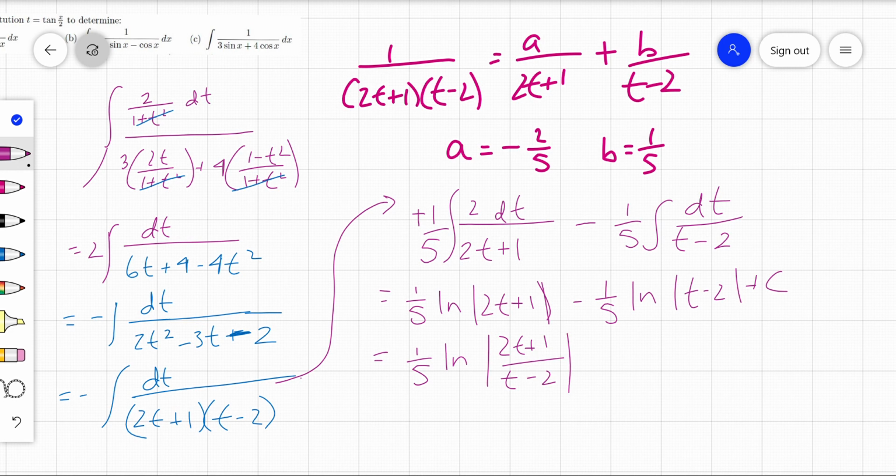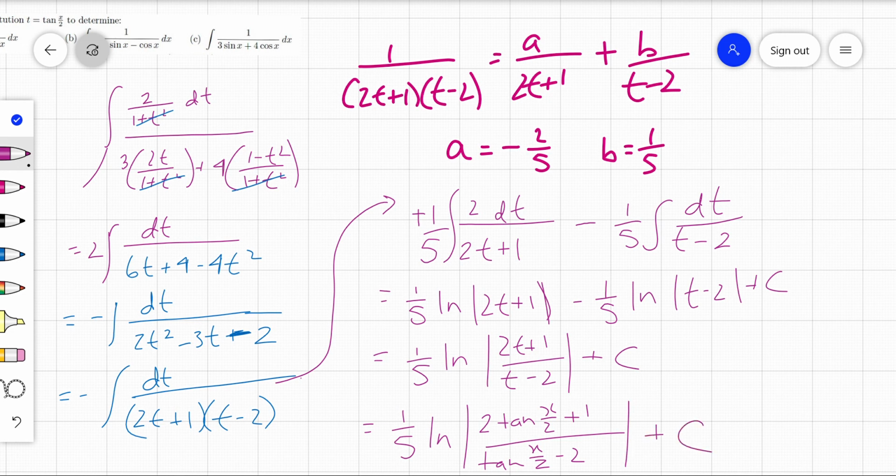It could be 2 minus t, it would be the same there. So changing back to x's, two lots of tan x on 2 plus 1, and one lot of tan x on 2 minus 2 there. It could have been 2 minus tan x on 2 as well. It's absolute valued. All right, hope that helps.